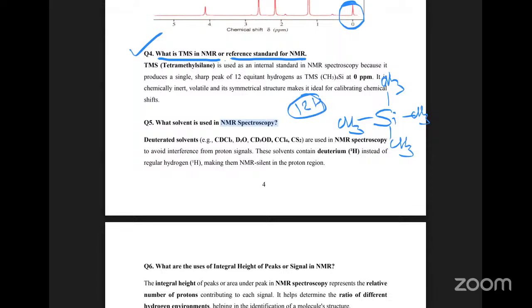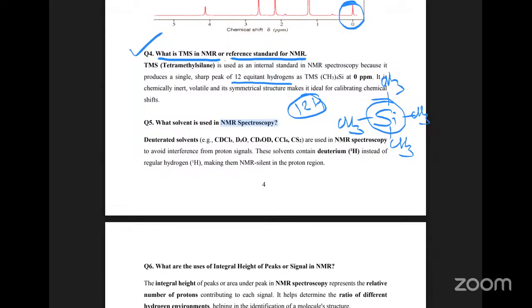Now, these 12 equivalent protons will give a sharp peak at the extreme end of your NMR spectrum. And because of the electropositive nature of the silicon, that's why it is on the extreme right-hand side. If you see here, your carbon and your proton are more electronegative than the silicon.